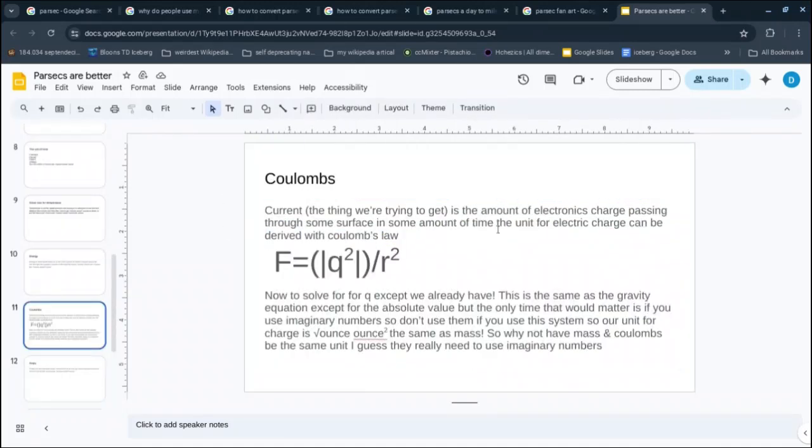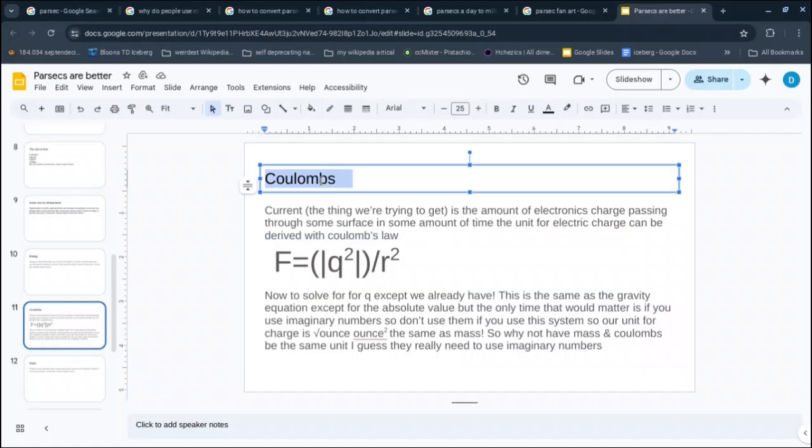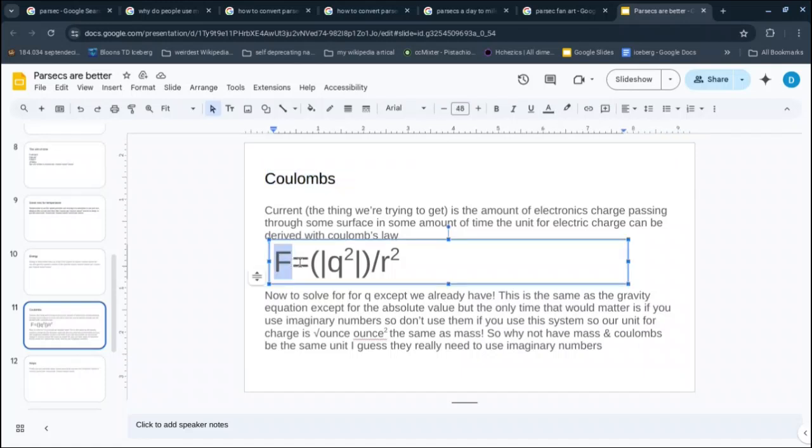So now we have coulombs, because we're trying to get current, but we can derive that through coulombs. It's the amount of electric charge passing through some surface in some amount of time. Our unit for electric charge can be derived from Coulomb's law. It is called the coulomb, and it is F is equal to the absolute value of Q squared over R squared.